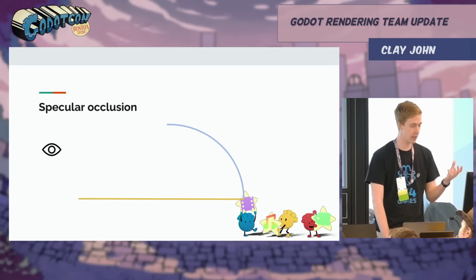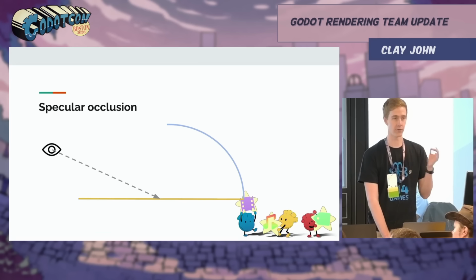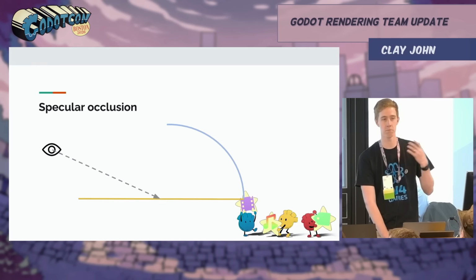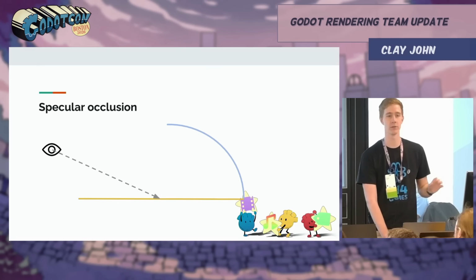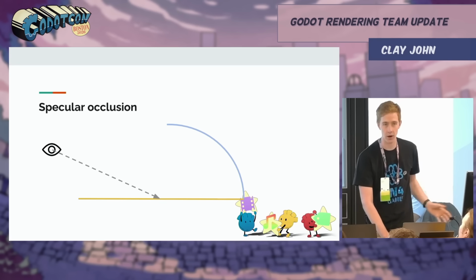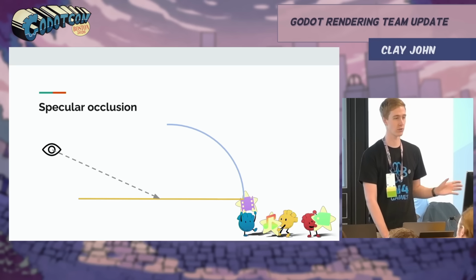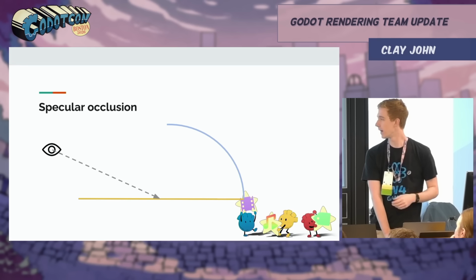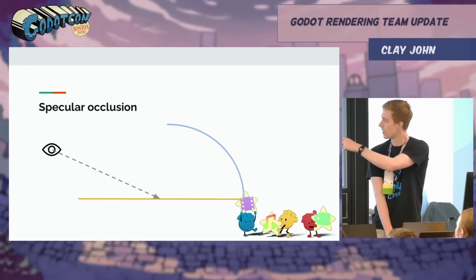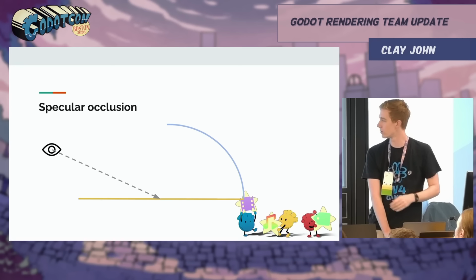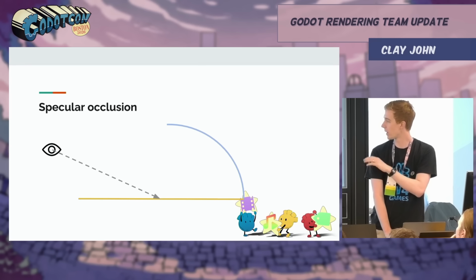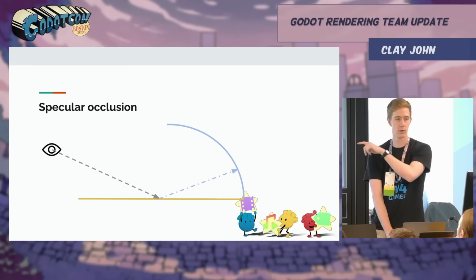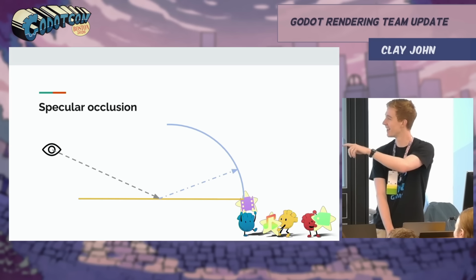So this is kind of how reflections look in most game engines by default. So this is without having GI turned on or fancy reflections turned on. By default, what's going to happen is you've got an eye, that's the camera, and then you're rendering an object. So that's that orange plane there. And so what objects look like. Yeah, exactly.